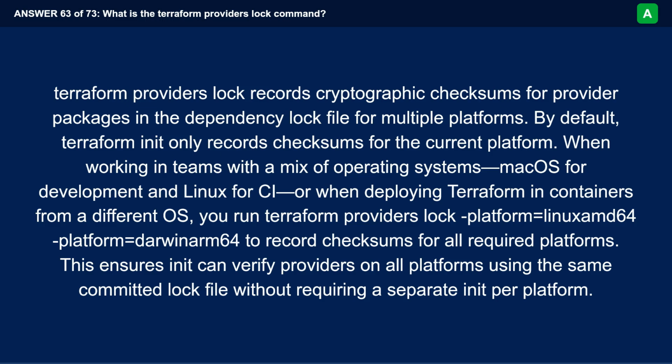When working in teams with a mix of operating systems, macOS for development and Linux for CI, or when deploying Terraform in containers from a different OS, you run terraform providers lock -platform=linux_amd64 -platform=darwin_arm64 to record checksums for all required platforms. This ensures init can verify providers on all platforms using the same committed lock file without requiring a separate init per platform.